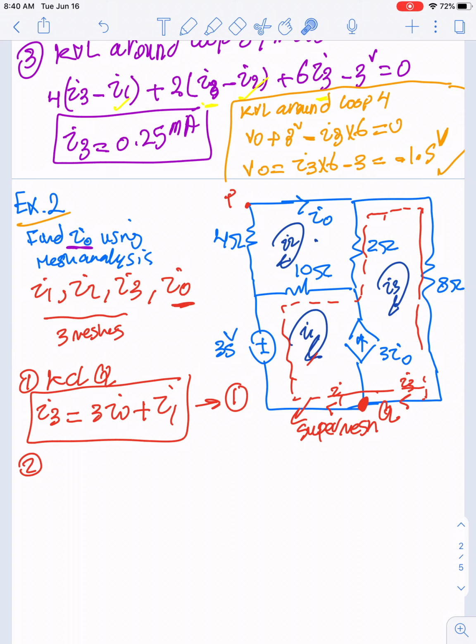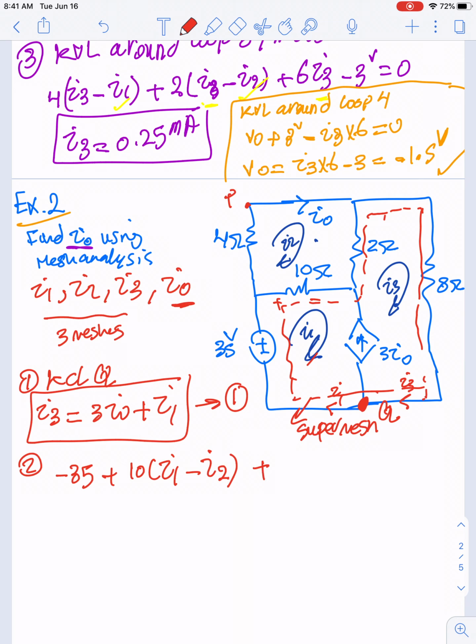I1 here is going in from the negative terminal, so we'll write minus 35, and I1 is going here from plus to negative, so we'll have plus 10 I1 minus I2. So this is the second equation.